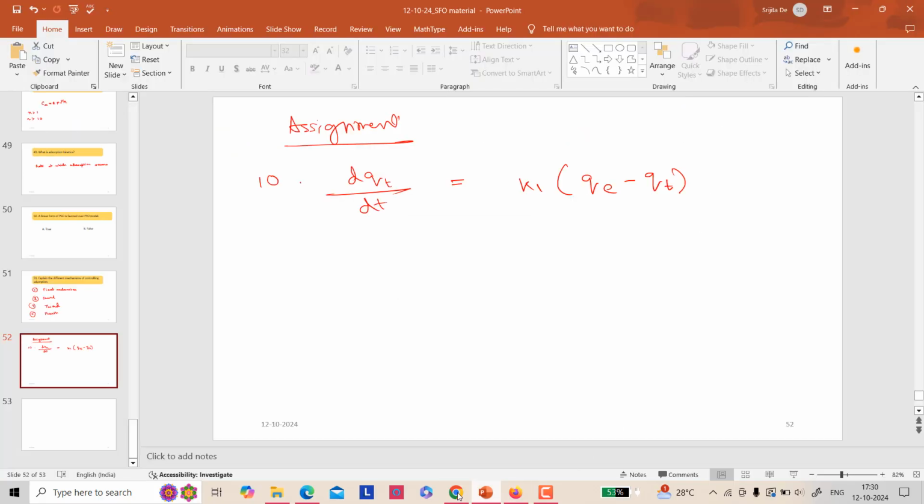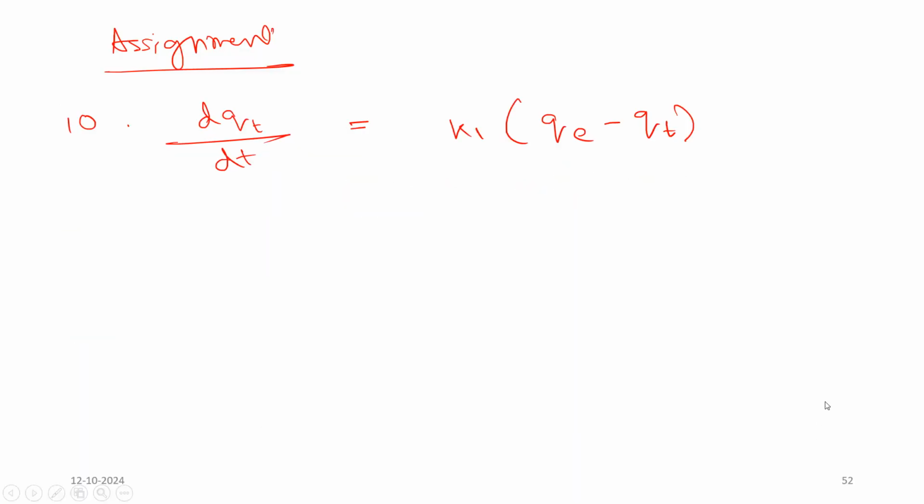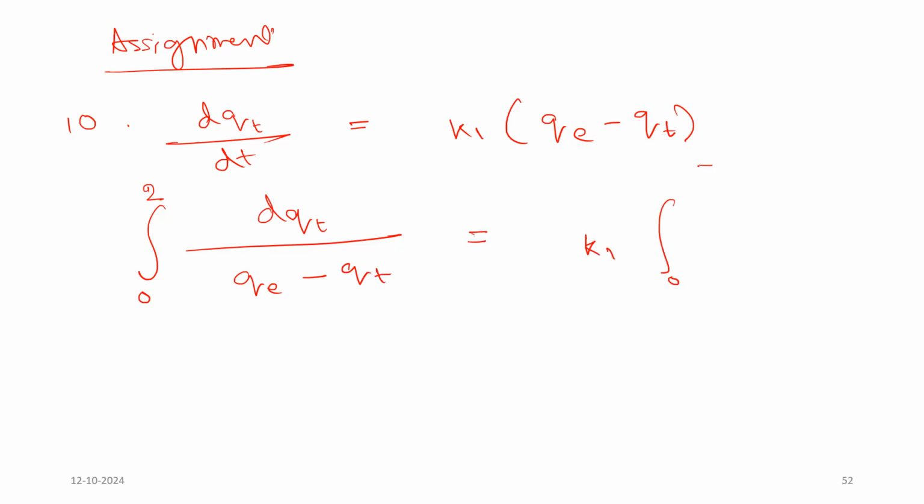So the expression that was given was dqt/dt equals k1 (qe minus qt), right? Let's check. Yes. Now we'll integrate it. Simply, we'll integrate from 0 to 2 because qt is varied from 0 to 2: dqt/(qe minus qt) equals k1 integral from 0 to 5 of dt.